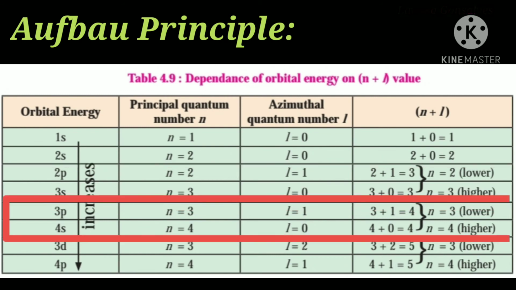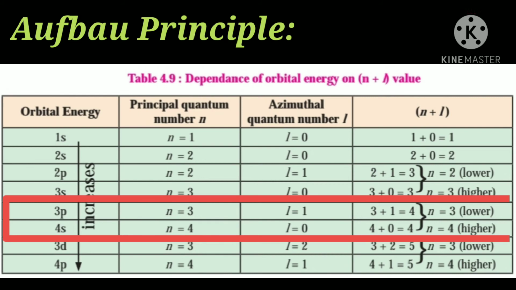Next is 3p and 4s. So the principal quantum number n for 3p is equal to 3, and for that of 4s, n is equal to 4. For p subshell, we know that the azimuthal quantum number l is equal to 1, and for s it is equal to 0. Now we need to do the sum of n plus l. So for 3p we get the answer as equal to 4, and for 4s we get the answer as equal to 4 again.